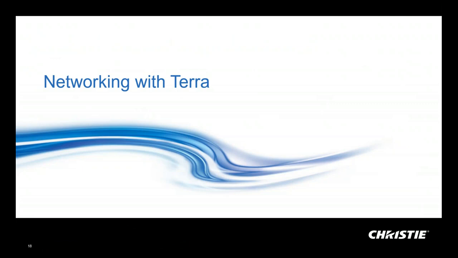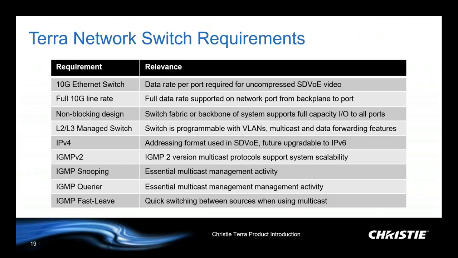So a little bit about networking now with Terra. The first thing is that we need to go through the requirements for the network switch. The most important thing is obviously it needs a 10 gigabyte network switch.